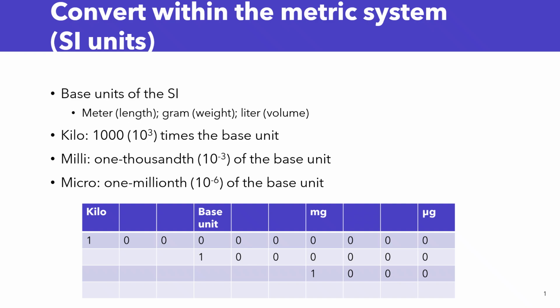So let's talk about weight. 1 gram is 1,000 milligrams, and 1 milligram is 1,000 micrograms. So from gram to milligram, that's 1,000. From gram to microgram, that's 1,000,000. From milligram to microgram, that's 1,000. So 1 milligram is 1,000 micrograms.